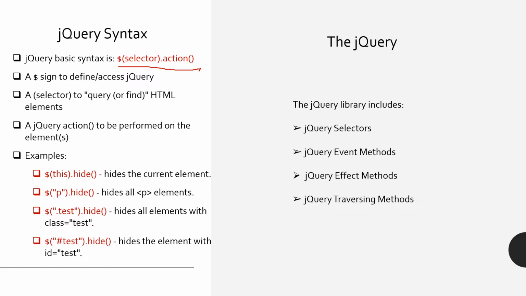Action represents the action to be performed on the elements you specify. For example, if you want to hide something, this is the action hide. Show is another action, to show something. Similarly, you can use any action according to your convenience.